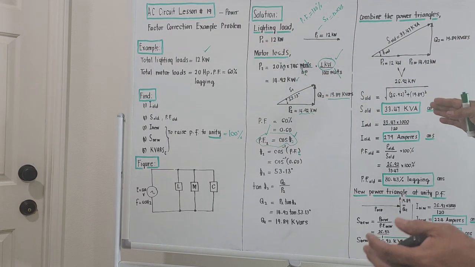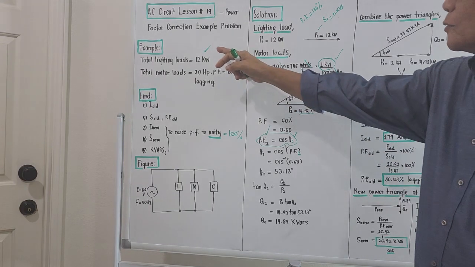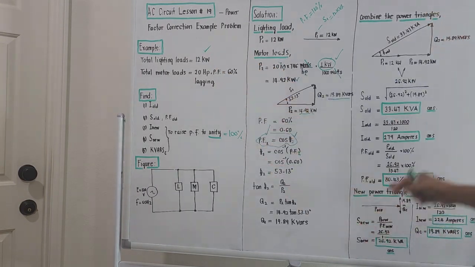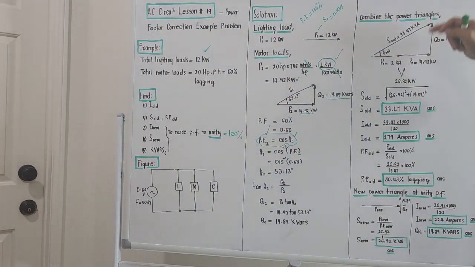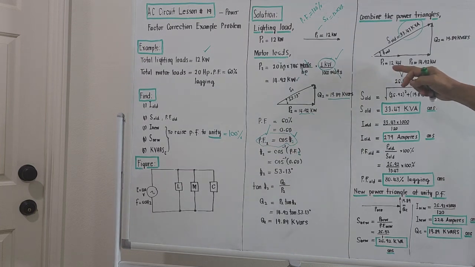So actually, what comes out if we combine the total lighting loads and the motor loads is a big right triangle. So actually, the total apparent power of the system is very big, 33.47 kVA. That's large, right? Why did I get 33.47? The total of 12 plus 14.92 is 26.92.